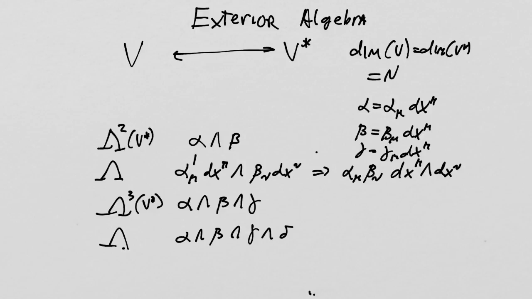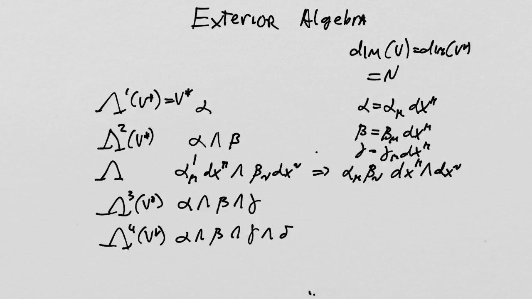And this guy would live in the fourth exterior power of the covector space. And then the one forms themselves live in the first exterior power of the covector space. So that first exterior power actually equals the covector space. And then ultimately you get the zeroth exterior power of the covector space, and that's going to equal whatever bin of real numbers is defined on the covector space itself, which in our case will just be the real numbers.